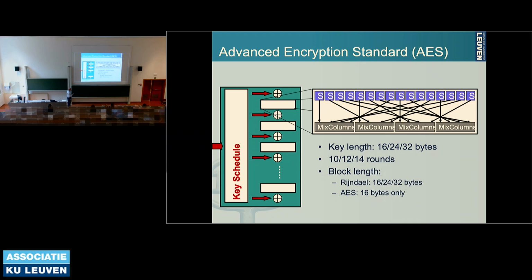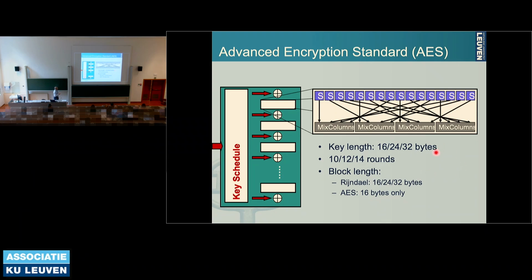It works on inputs of 128 bits, and 128 bits is 16 bytes, so that's why you see 16 iterations of the blue block here, because it maps 8 bits input to 8 bits output. And then after the S-boxes, there is a shuffling of the bytes, and then there is another operation which is called mix columns, which I will also explain on the next slide. And this is repeated 10, 12, or 14 times, depending on the length of the key, 16, 24, or 32 bytes.